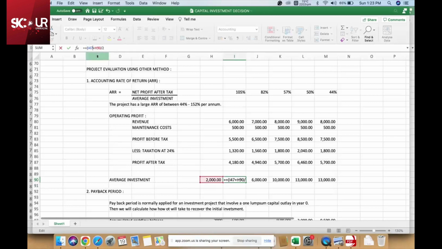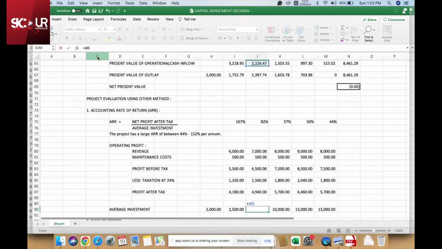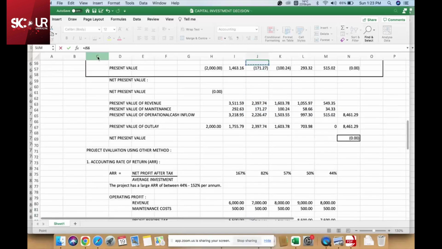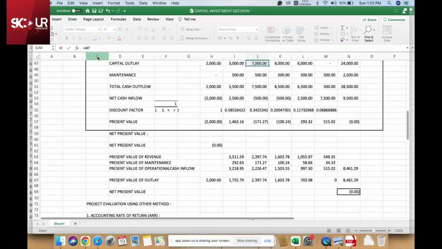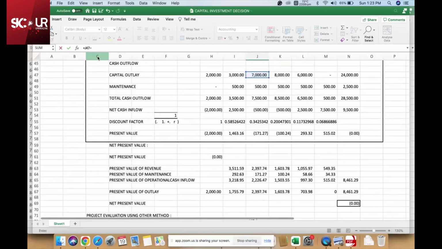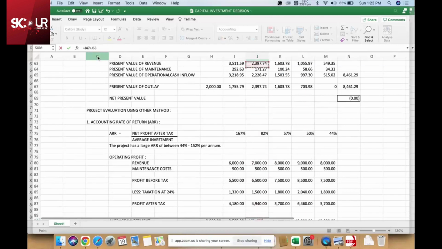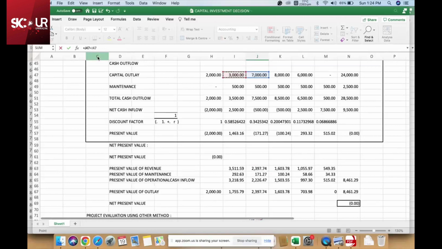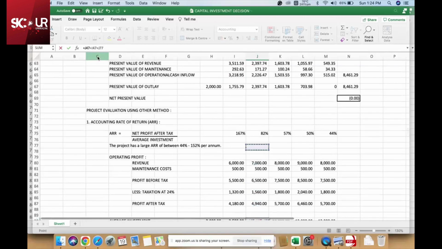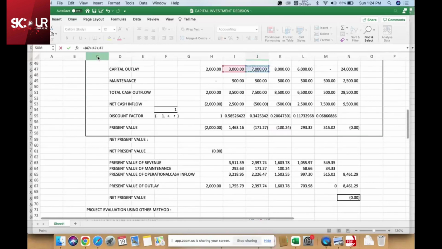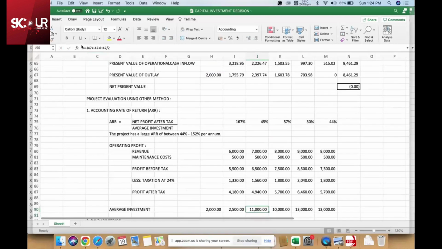So it's like this. For year 2, we just take capital outlay in year 2, plus capital outlay in year 1, plus capital outlay in year 0, and divide by 2.